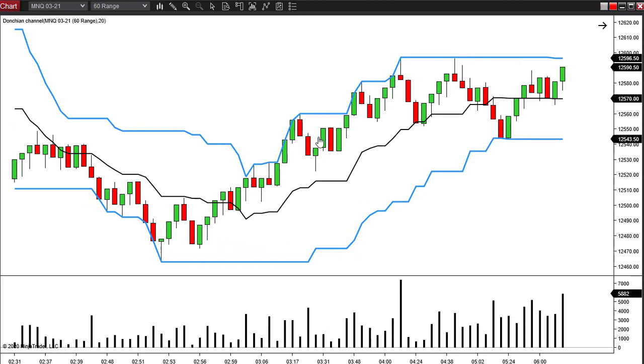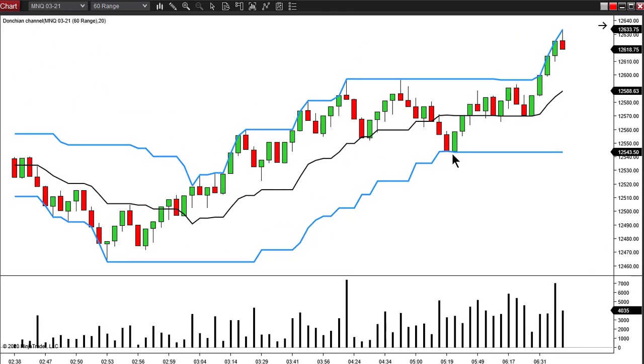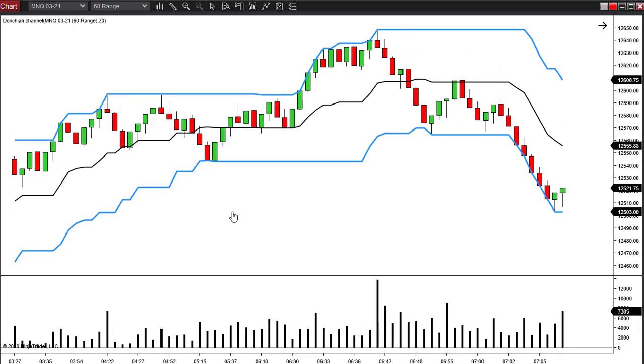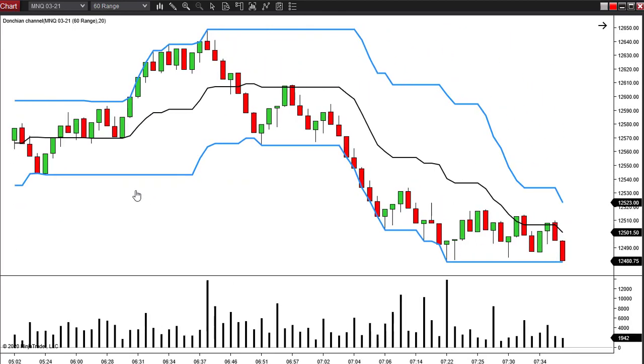All right, so again, up, up, up, up, up. Now notice, it comes back down, hits the lower band. Some people use that as an exit, but the lower band has not gone back down. And so therefore, that is not really the best exit. You're giving back a lot of profits, and the trend has not necessarily changed. So you kind of get the worst of both worlds with that strategy, in my opinion.